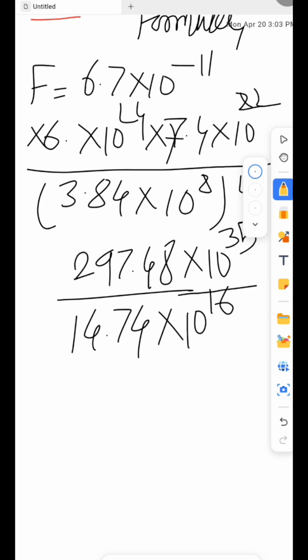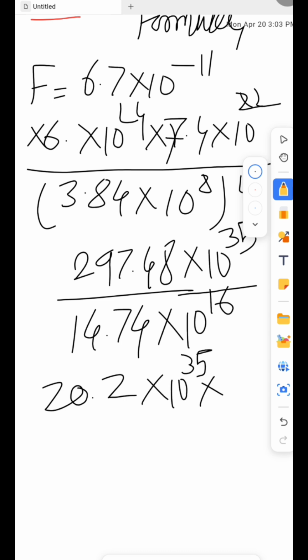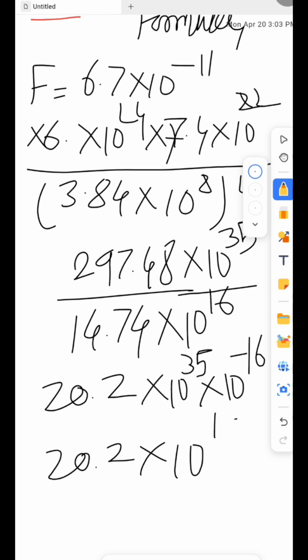Now when we divide 297.48 by 14.74, we get 20.2 into 10 to the power 35 into 10 to the power minus 16, because whenever a power goes from the denominator to the numerator, the plus becomes minus. Then 20.2 into 10 to the power, this becomes 19.